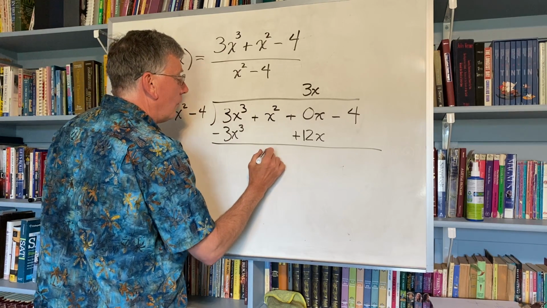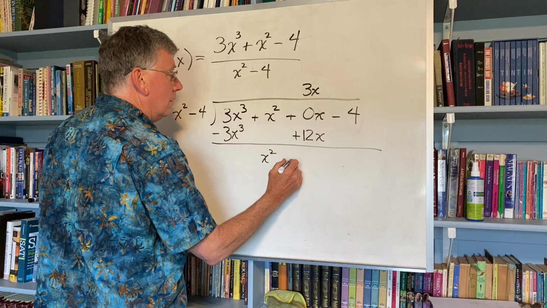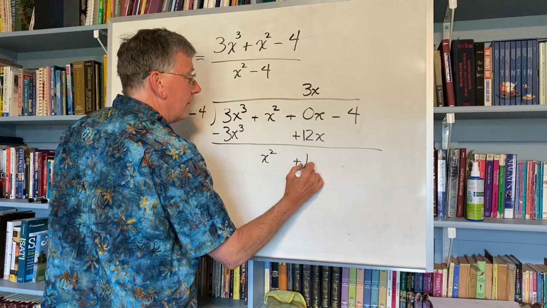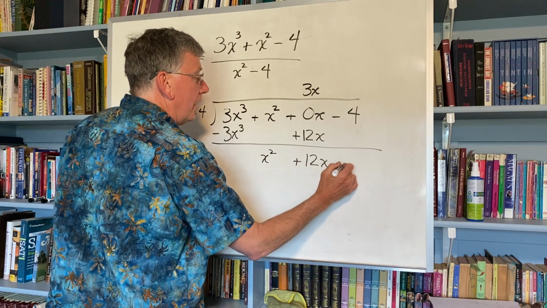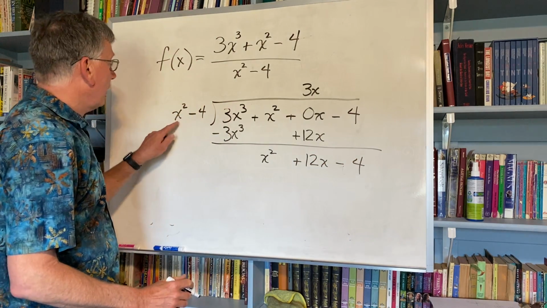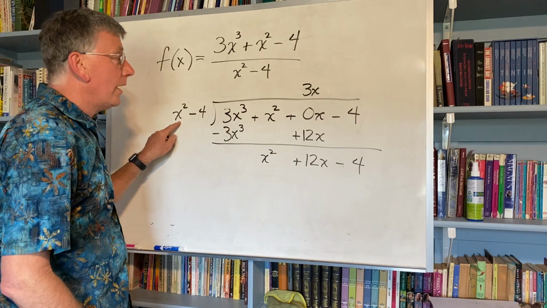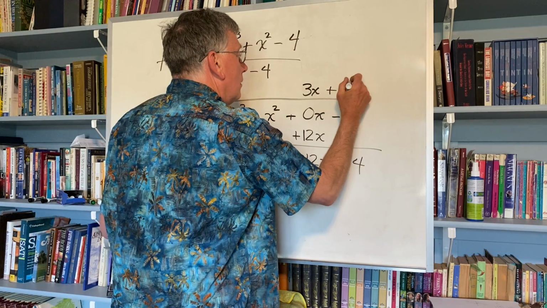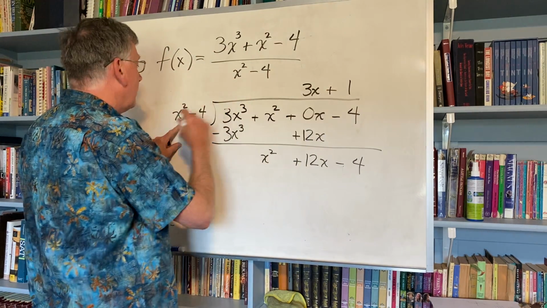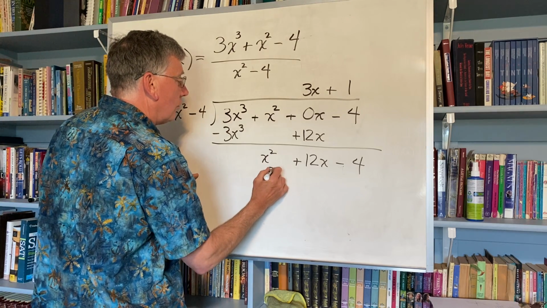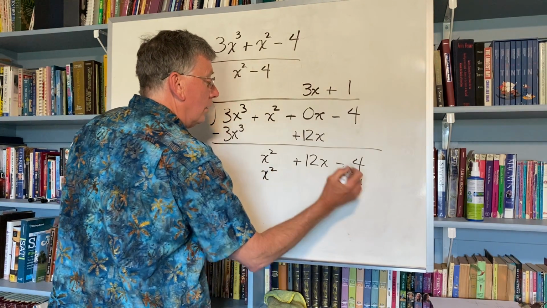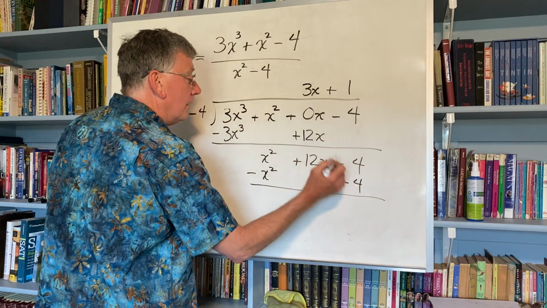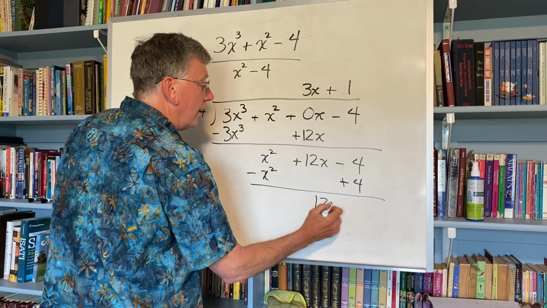And I get x squared plus 12x minus 4. Now I ask myself, how many times will x squared go into x squared? It will go once. 1 times x squared minus 4 is x squared minus 4. Draw my line, change the signs, and add, and I'm left with 12x.